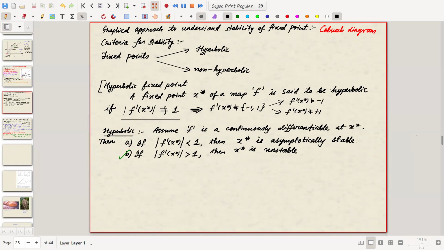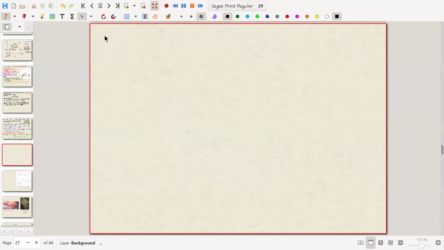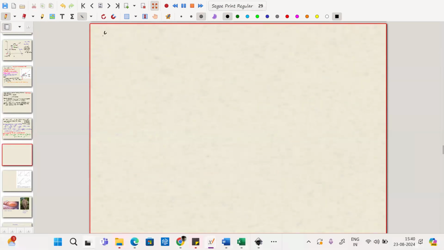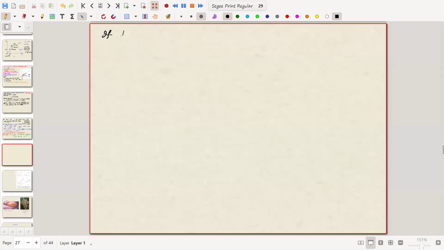That means if f prime at x star is equal to 1, x star is a non-hyperbolic fixed point, that we know, right?